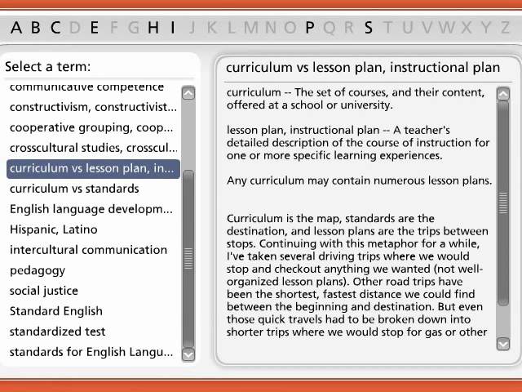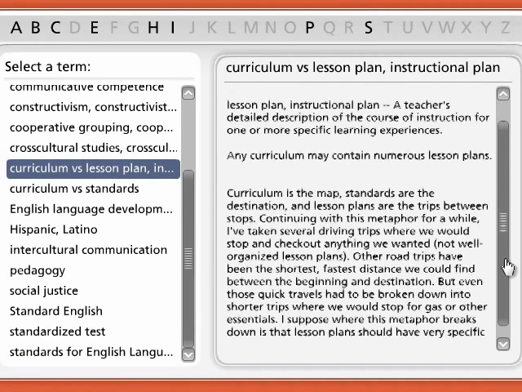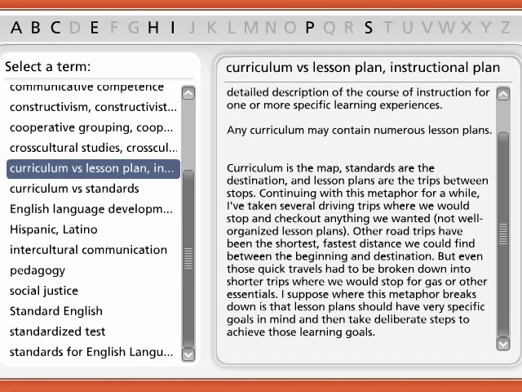But anyway, those quick travels still had to be broken down into shorter trips where we would stop for gas or other essentials. So the goal was stopping for gas, for example. I suppose where this metaphor breaks down is that lesson plans should have very specific goals in mind and then take deliberate steps to achieve those learning goals.